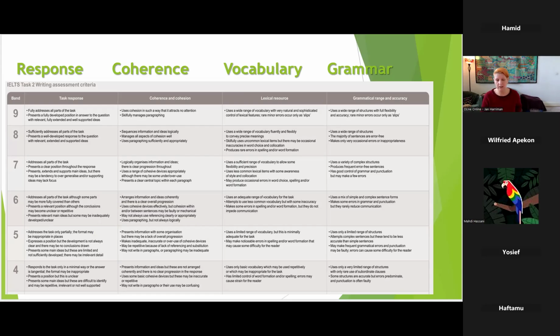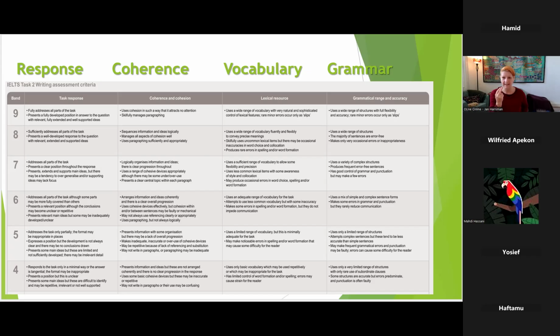Once again, just like task 1, there are 4 criteria: task response, coherence and cohesion, lexical resource, otherwise known as vocabulary, and grammatical range and accuracy. How many of them are grammar and vocabulary?